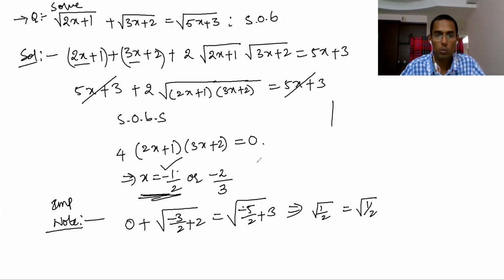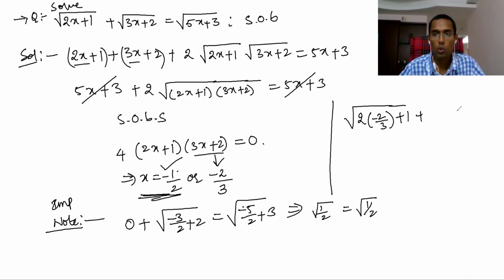So the next one is minus 2 by 3, you need to substitute. Here 2 into minus 2 by 3 plus 1, plus this is anyway 0 from this, therefore this is 0 equal to this thing.